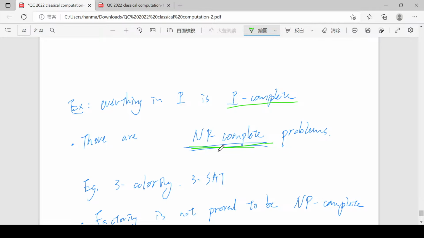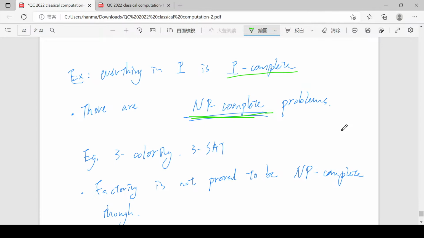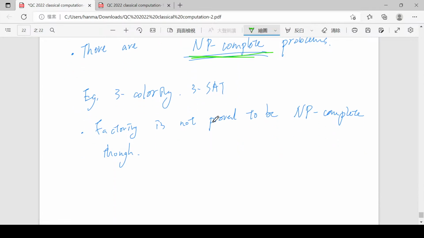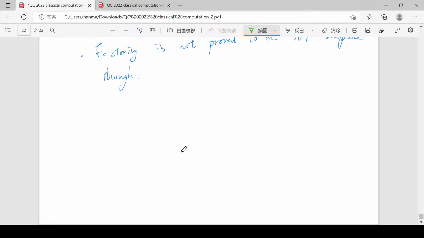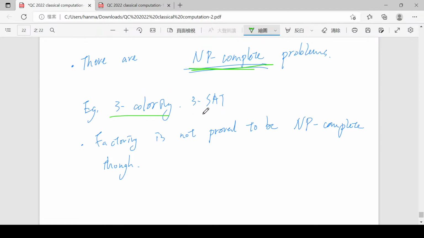So that's a trivial example, but more useful examples are those NP complete problems. We won't talk about their details, but we can probably talk about a recurring example, for example 3-SAT. 3-SAT is the most famous NP complete problem, but it's a little annoying to write down.